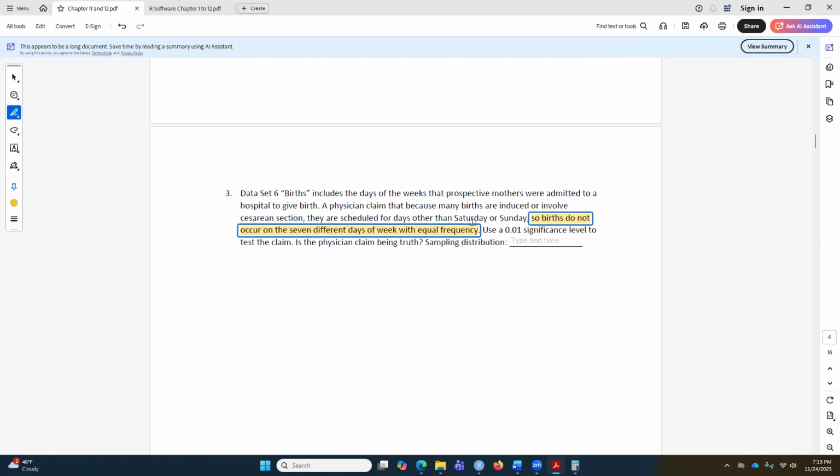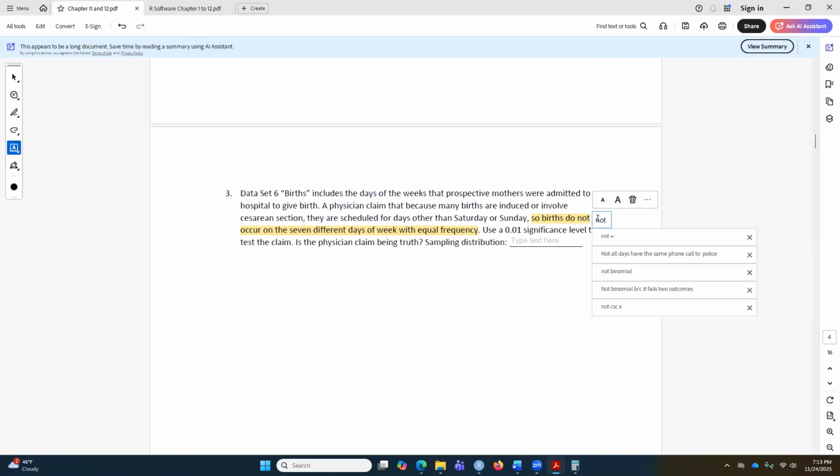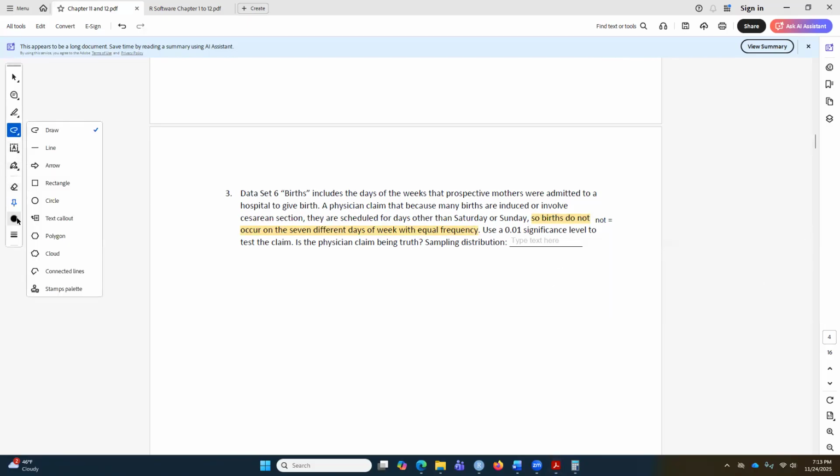Now, again, the words do not occur, you really know that this is equal or not equal to? Not equal to. And then on top of it, they have this big keyword here, equal frequency. You don't see that in question 1 or question 2, because question 1 gives you the probability or the percentage, and question 2 says the ratio is this to this.